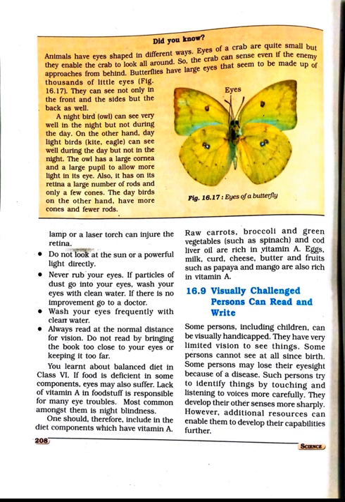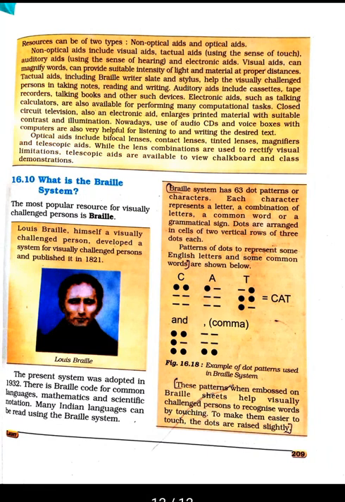Some persons, including children, can be visually handicapped. They have very limited vision to see things. Louis Braille developed a system for visually impaired persons and published it in 1821. The Braille system has 63 dot patterns or characters.